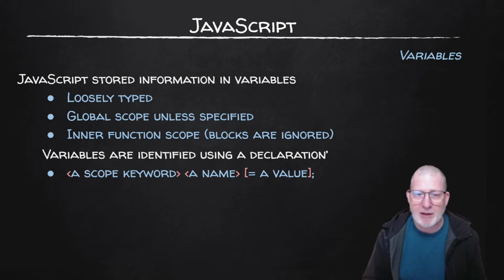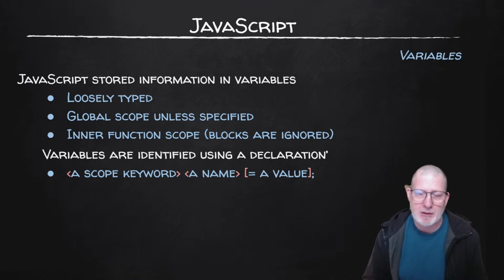The other one that's going to mess people up is that variables are all function level scoped unless we specify otherwise in JavaScript. And this is not the same as other programming languages. Other programming languages are block level scoped. Right? Now, what I mean by scoped is how visible is this variable? How far can we see it from where it's declared?